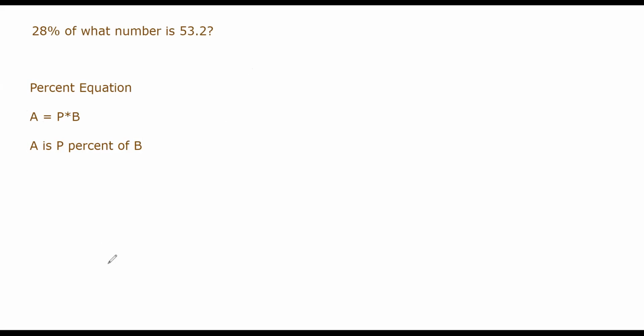Let's write out what we have. We have A, we need P, and we need B. A is P% of B. So we already know that A here is 53.2, because 53.2 is what you get after taking the percent. P is that percent, 28%, but we have to write it as a decimal when we're doing the actual math.